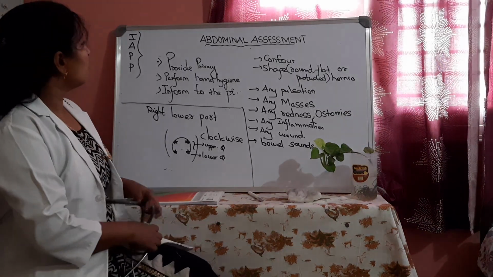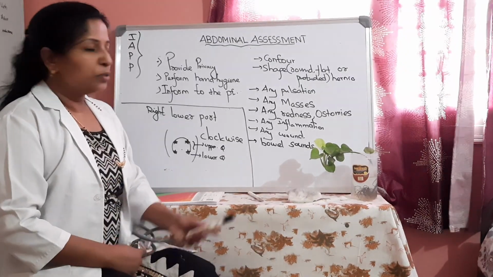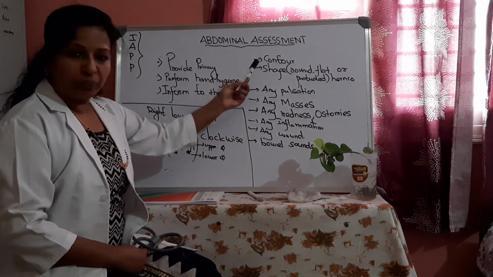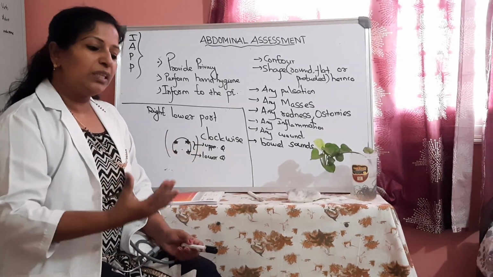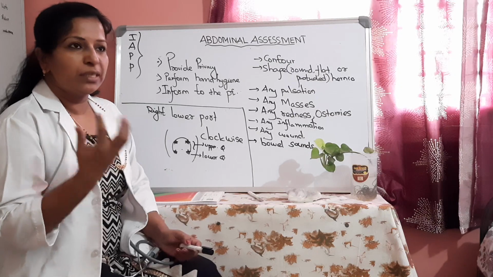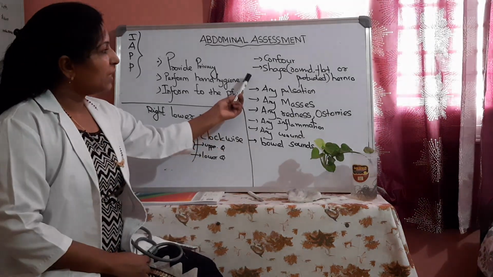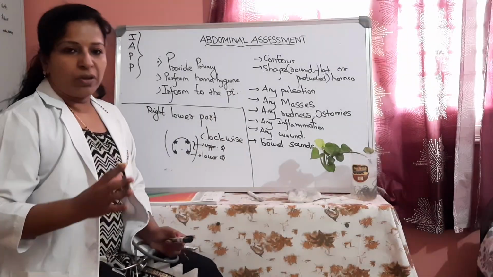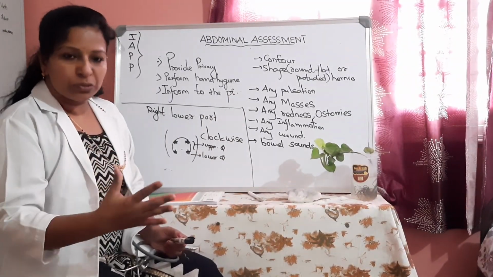In case of inspection of the abdomen, you check the contour of the abdomen, the skin contour, whether it is deeply contracted or relaxed, how it looks, and the shape of the abdomen, like round or flat or protruded.